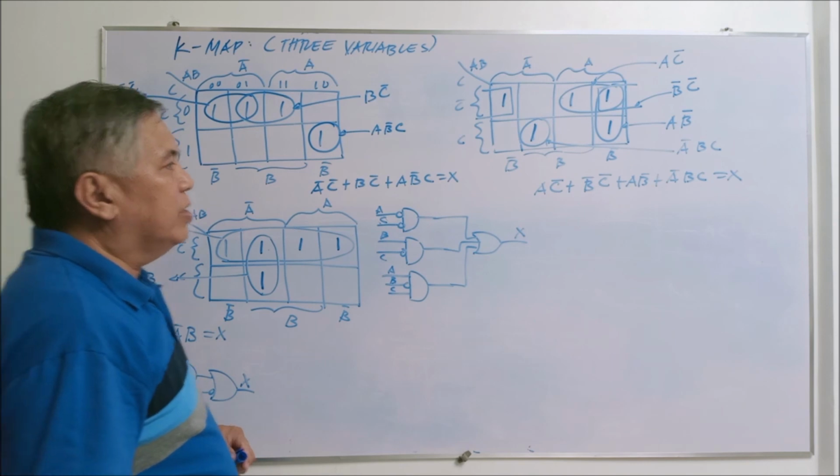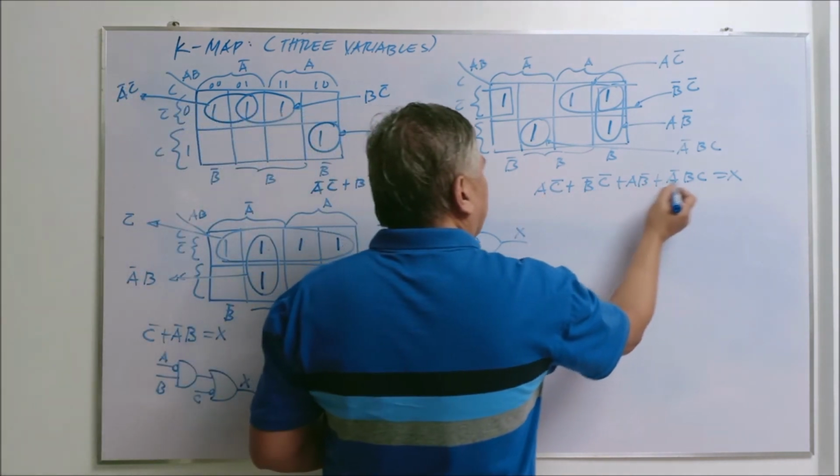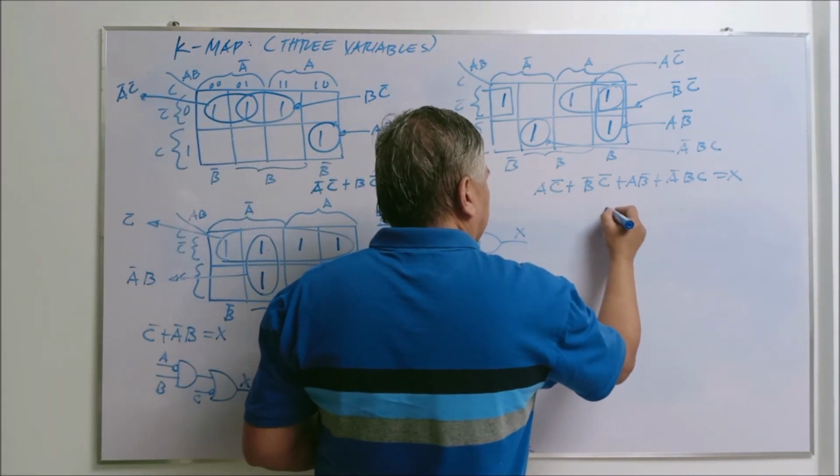So what will be our logical circuit? So you have 1, 2, 3, 4 AND gates.